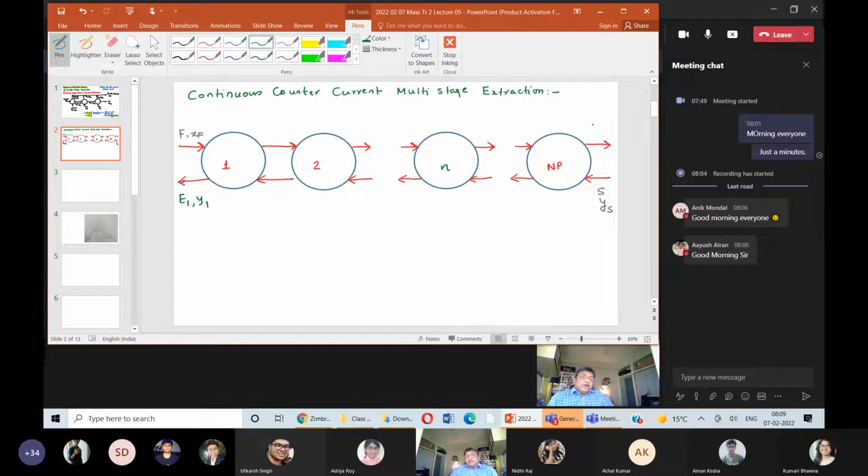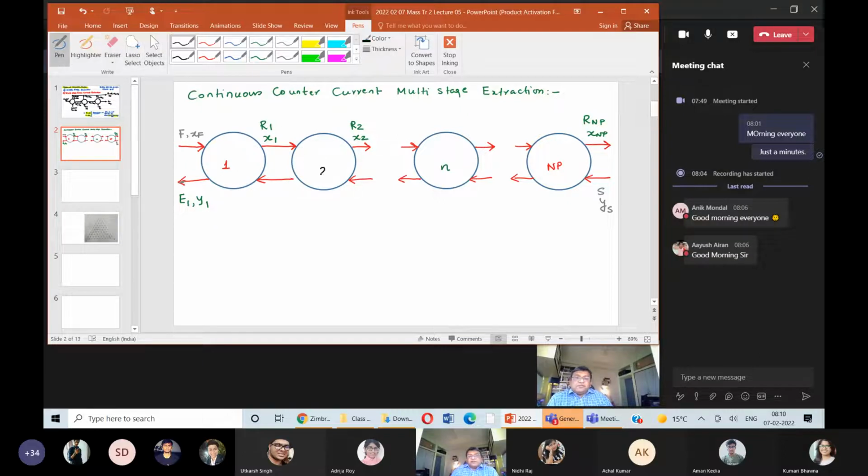And where do you get the final raffinate? So this is the final raffinate. And therefore, what will be the identifiers of these streams? This is the raffinate 1 coming out from the first stage. This is stage 2, so this is raffinate 2 coming from the second stage.